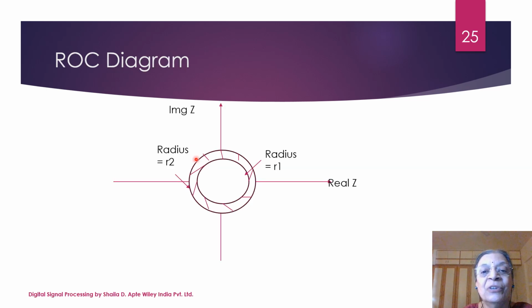Refer to this diagram. Now the right-handed sequence exists outside this circle with radius R1, and the corresponding left-handed sequence converges for the area inside this radius R2. So what is the region of convergence? It is a ring consisting of the values of z between R1 and R2. So it consists of a ring.